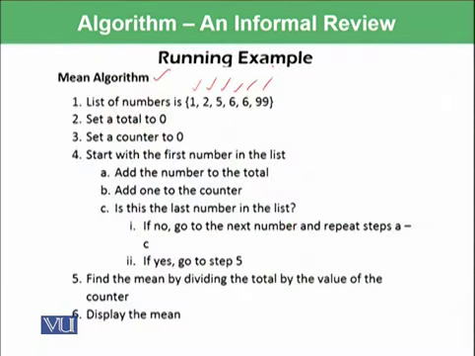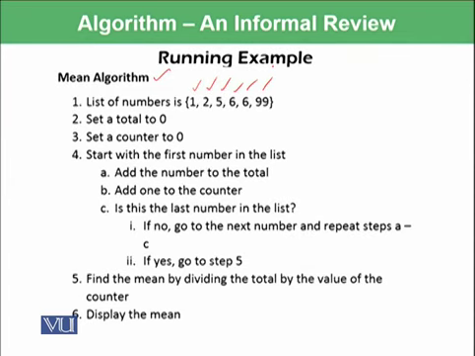So let's have another running example of using an algorithm. For example, we want to write an algorithm for calculating the mean value, which is an average value. So we have a list of numbers 1, 2, 5, 6, 6, 99, and we want to find the mean of all of the numbers.